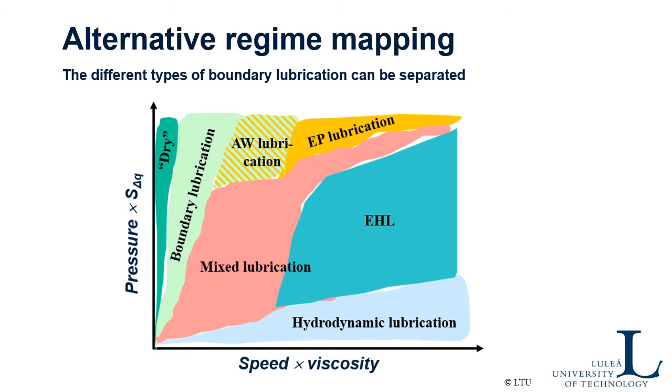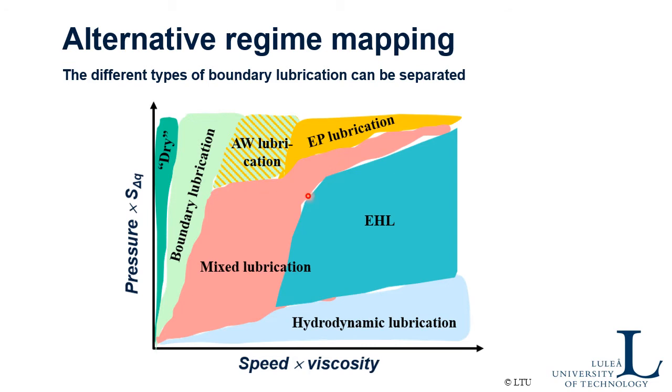If you run in the boundary or in the mixed regime and increase the pressure only, then you may come into a wear situation, which requires some anti-wear additives. Coming back to the anti-wear additives soon.